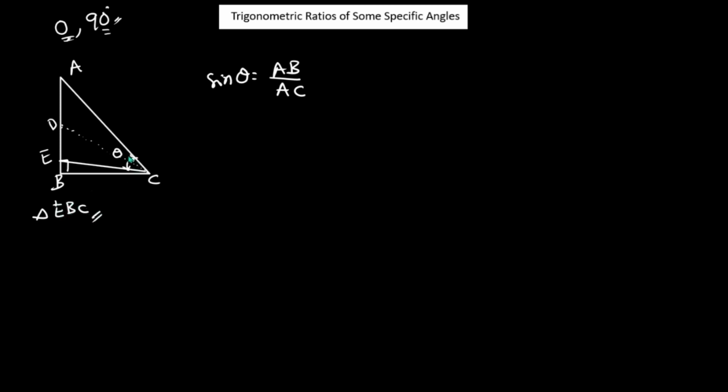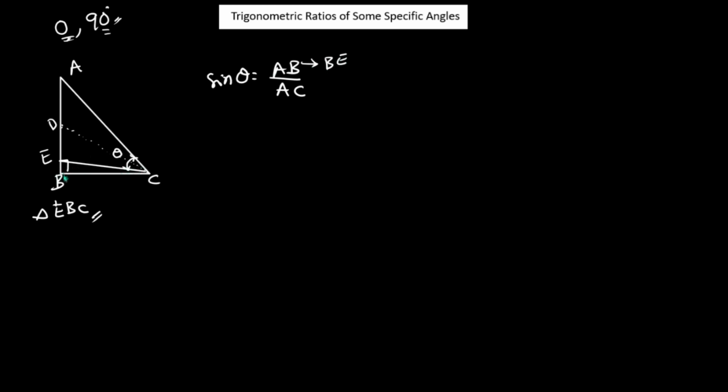Initially it has a larger theta, then theta goes down. When it comes to a 1 degree angle, this opposite side of theta, AB, keeps reducing to BE, right? So BE will become very small. If you go to 1 degree, BE is a very small number.